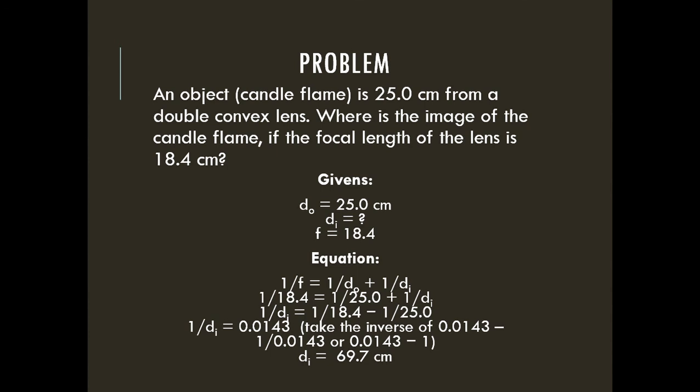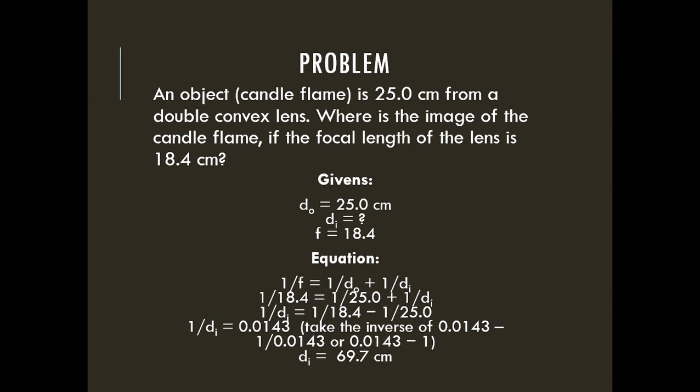Now if we rearrange this a little bit to isolate the distance of the image, it leads us to 1 divided by the distance of the image equals 1 divided by 18.4 minus 1 divided by 25.